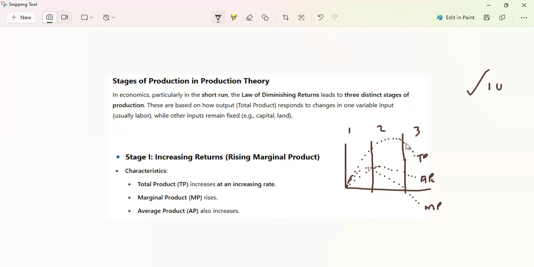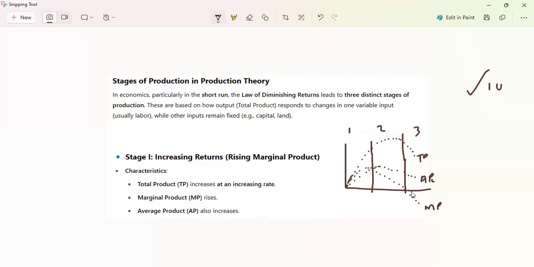Then when we go to marginal product, these are additional units that are produced by adding one more unit of a variable while keeping others constant. So in stage 1, the marginal product is rising due to better utilization of fixed resources. In stage 2, it begins to fall.